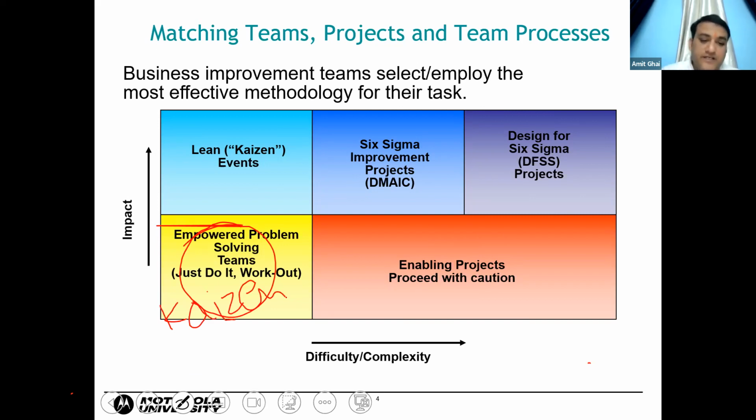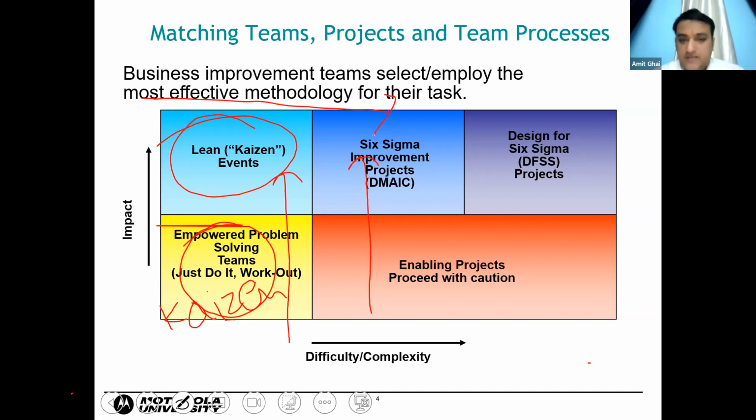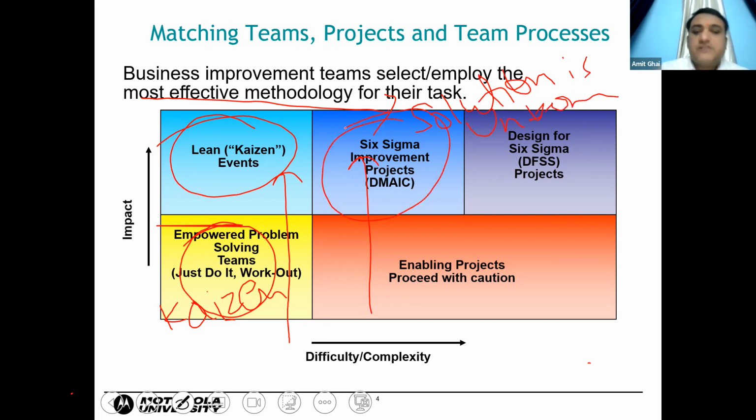But if the difficulty level is low, you can do it through value stream mapping, but the impact is pretty high, it is lean Kaizen. It means it is a lean project to be done. If the difficulty is moderate and the impact is pretty high, and most importantly, the solution is unknown, it is a Six Sigma project, because by doing the statistical testing, you will come to know the solution.